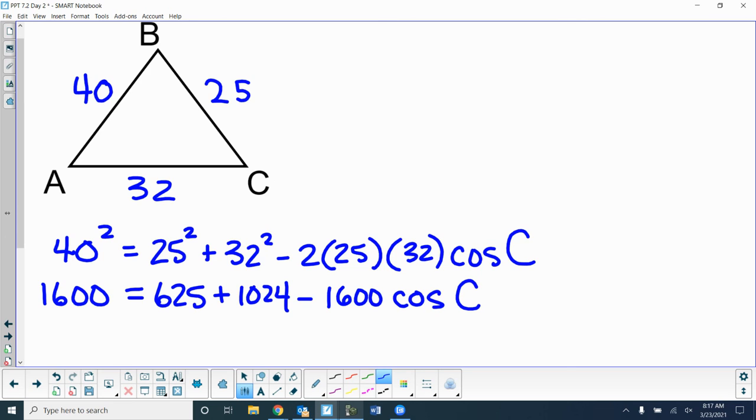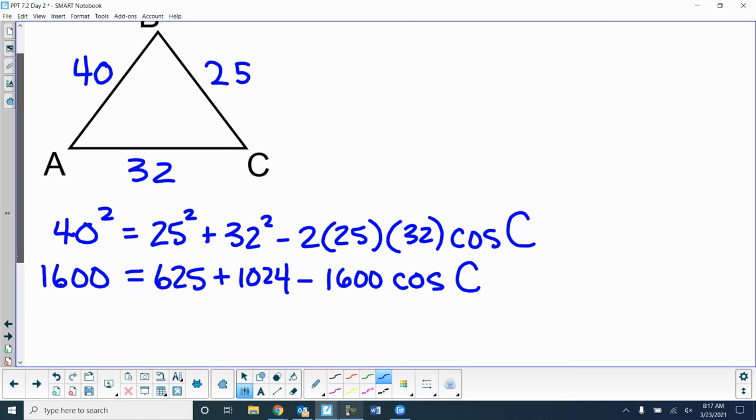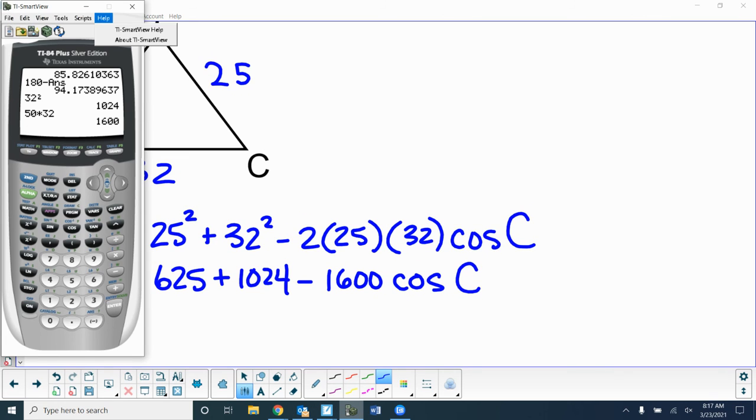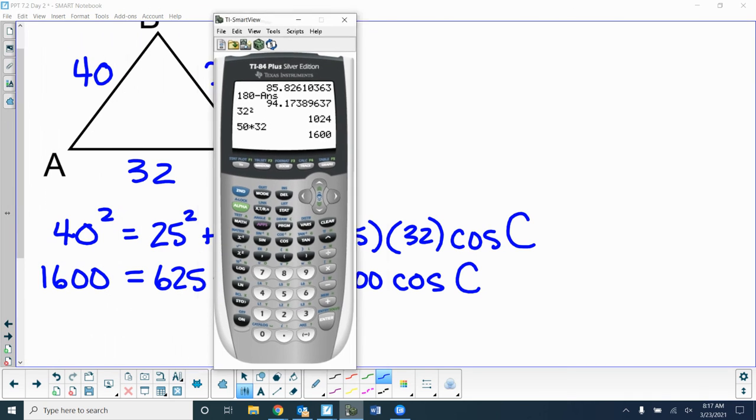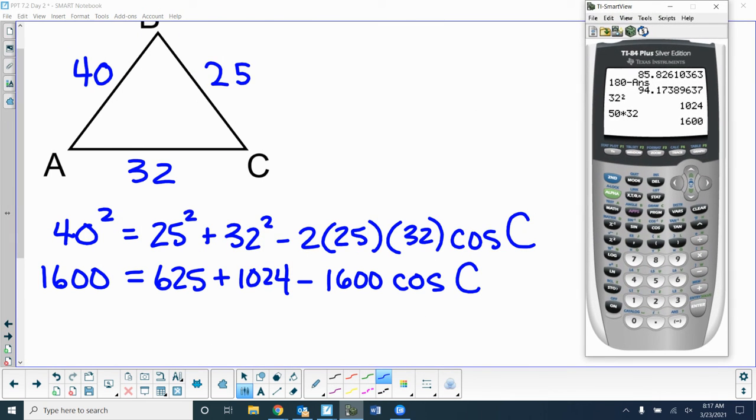So that's doing all the squares there and multiplying 2 times 25 times 32. Now, on my calculator, I have to find this answer, add these two numbers, then subtract it over to the left. I can't put all three of these numbers together because this is negative 1600 times the cosine of C, remember? I'm going to have to divide that negative 1600 over when I'm solving.